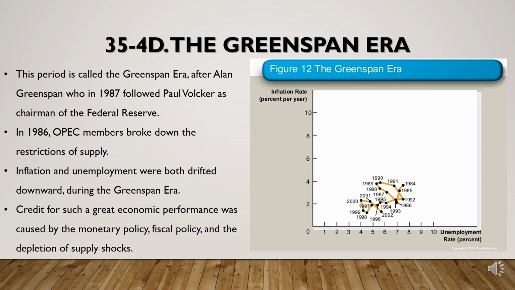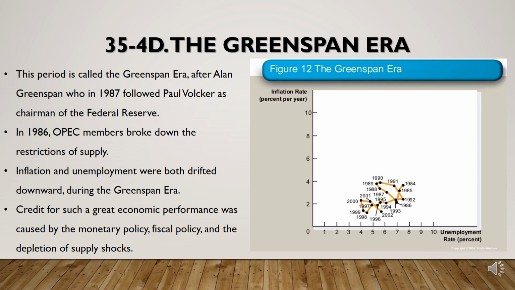to 1986. Throughout the Greenspan era, the Fed was very careful to avoid repeating the policy mistakes of the 1960s, when excessive aggregate demand pushed unemployment below the natural rate and raised inflation.